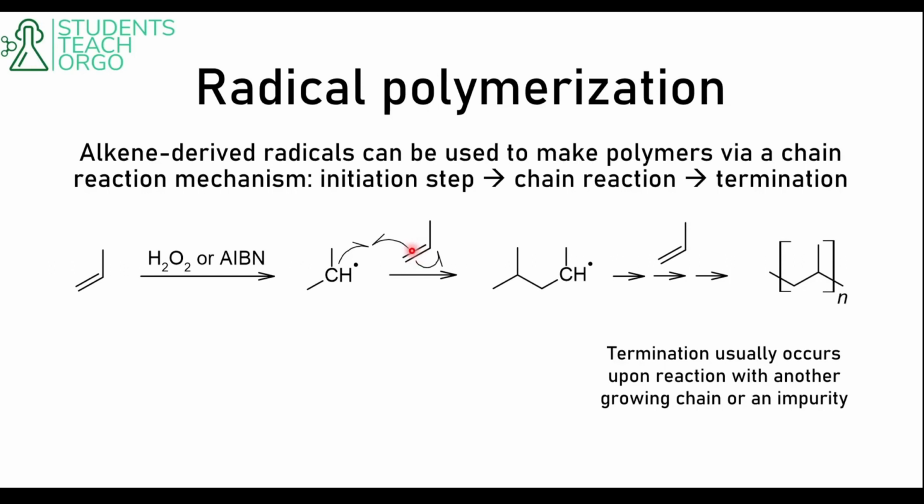One of those electrons from the double bond will form a single bond with the radical, and then the other electron from that double bond will move over to the adjacent carbon and become a new radical itself. So you can see that here in this middle step, the radical that we made in the initiation step, and one of the electrons from the double bond form a new bond, right? So this bond right here, and the other electron from that double bond becomes a new radical right here on the adjacent carbon.